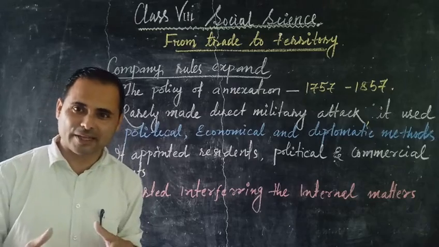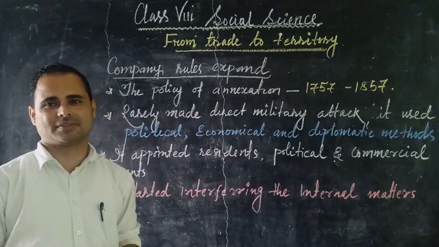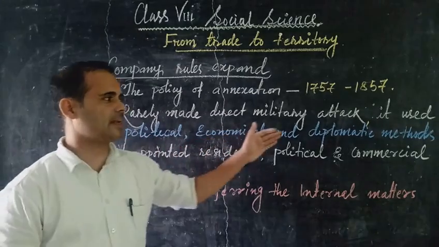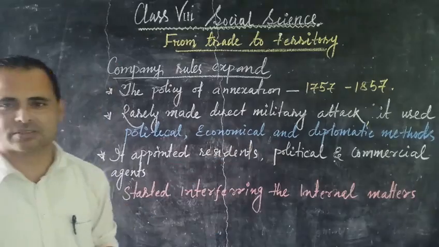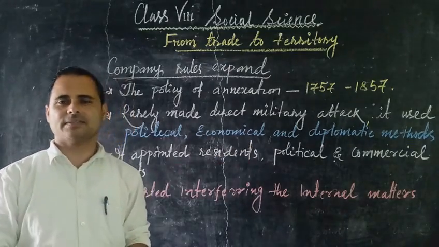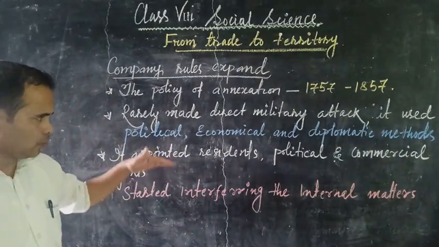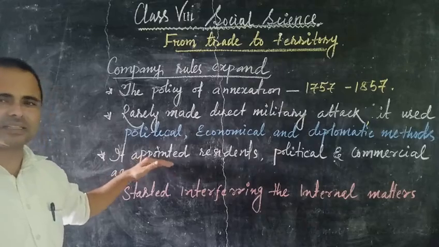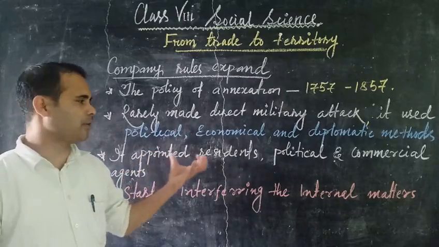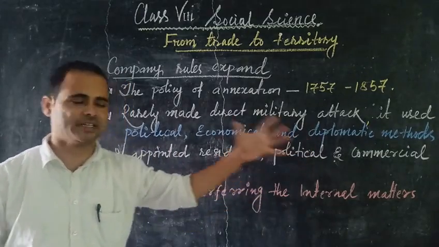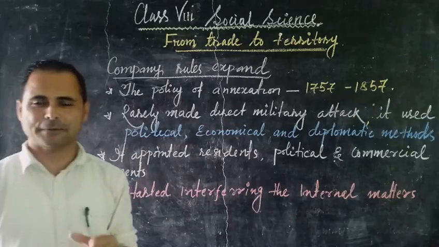They used these loopholes, and they used political, economic and diplomatic channels to occupy the princely states. To achieve that, certain changes were made: they appointed residents, political agents, and commercial agents.